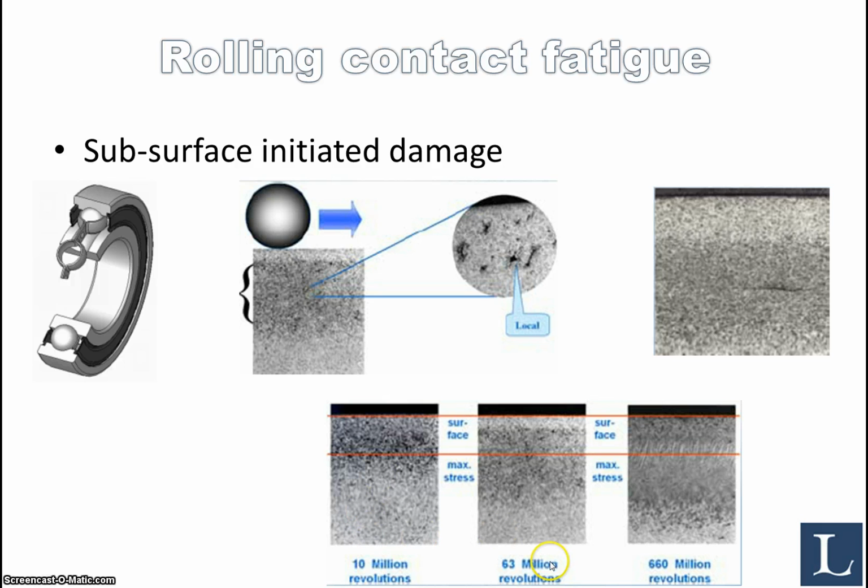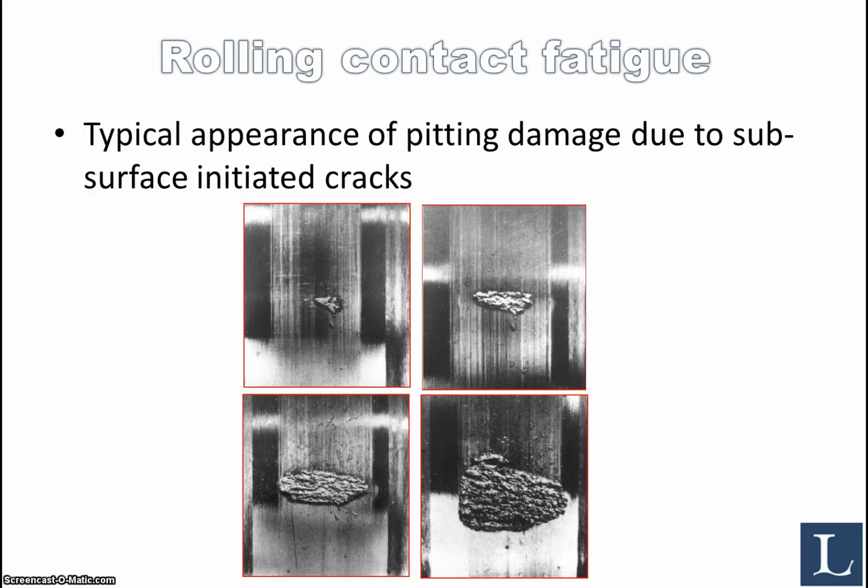You have 10 million, 60 million, and more than 600 million here, where you actually start forming cracks at some point. And in the end, a typical appearance of pitting damage or subsurface initiated cracks, when it leaves a pit formation, you can see in these images.